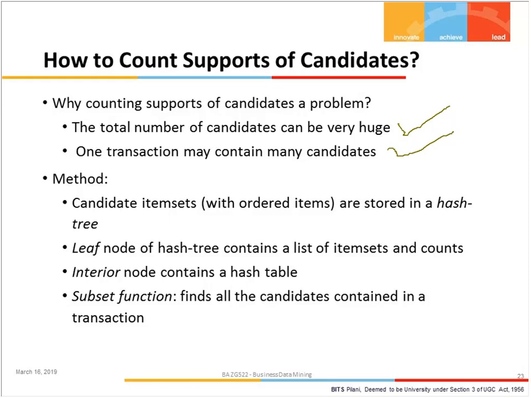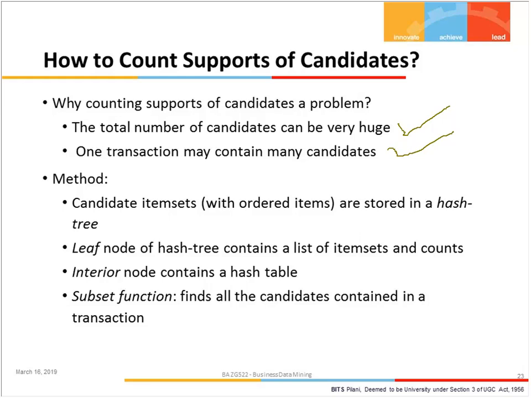Our idea of looking at a hash tree is just to see how it can help us gain a performance advantage by reducing the number of comparisons required for support counting, because we may be able to decide, based on some criteria, that a transaction will never find a given candidate. So why not take that advantage and reduce the number of support counts, thereby improving the efficiency of association mining.